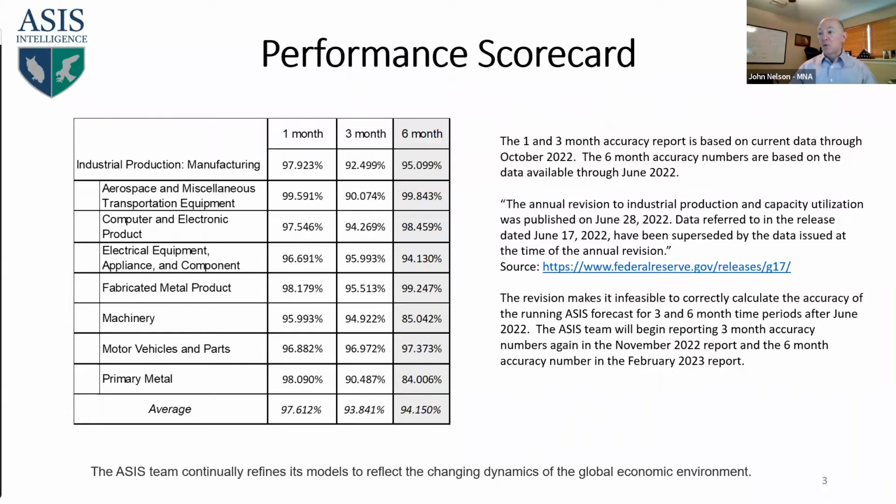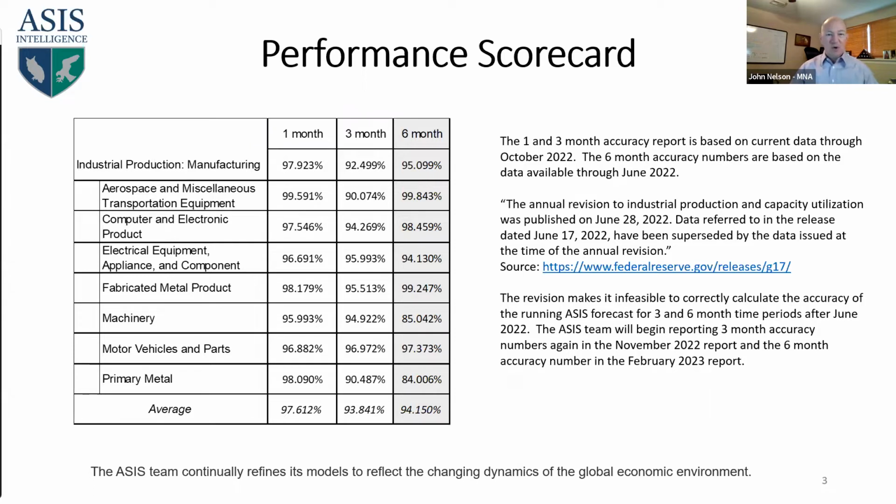And what we do is we compare the actual index number that we hit in June to the index number that we projected in December, all the way back in 2021, and see how close we are. And those numbers for all those sectors, you can see that was what those 6 month numbers are. So we were 94% accurate.